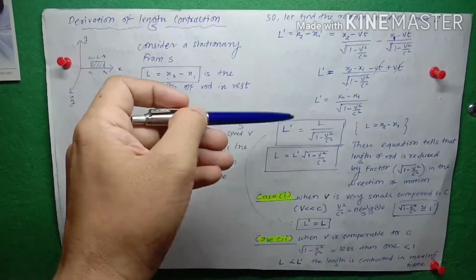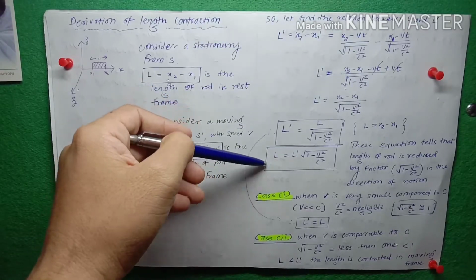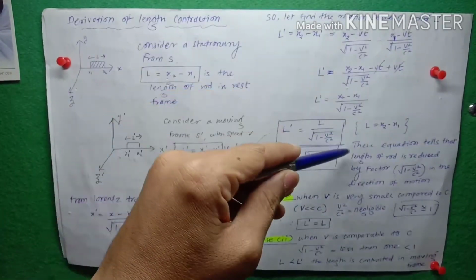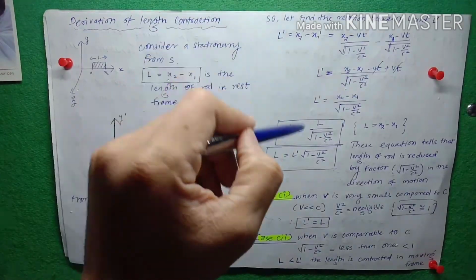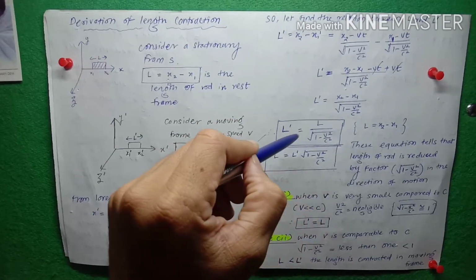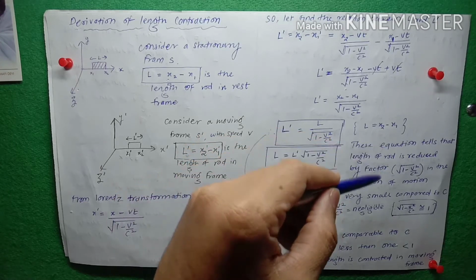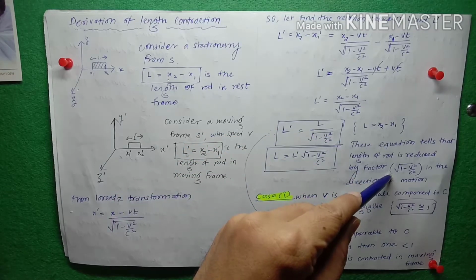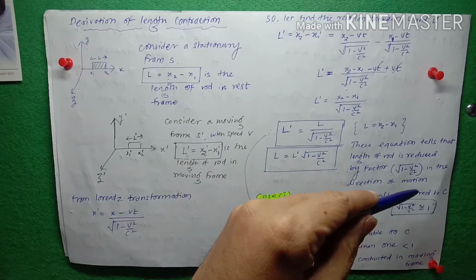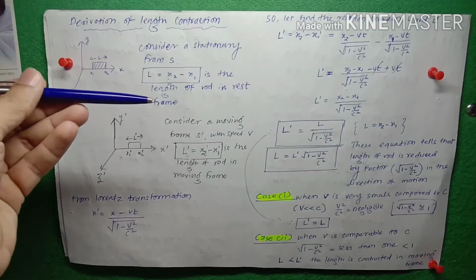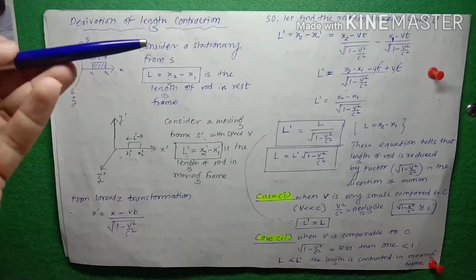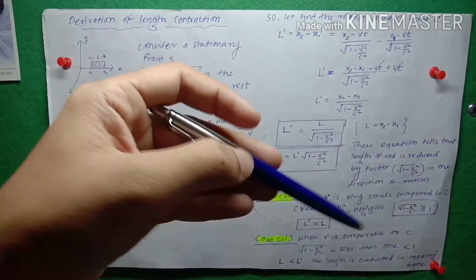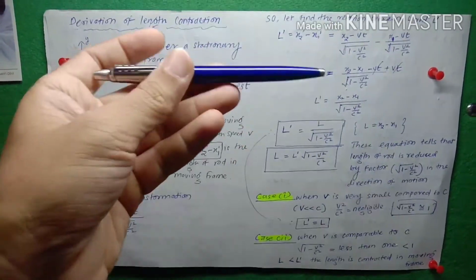After simplifying, we can also write the same formula in this way. So this is the mathematical equation that tells that the length of the rod is reduced by this factor in the direction of motion when the rod is moving with some velocity, or the frame is moving with some velocity relative to the rod.